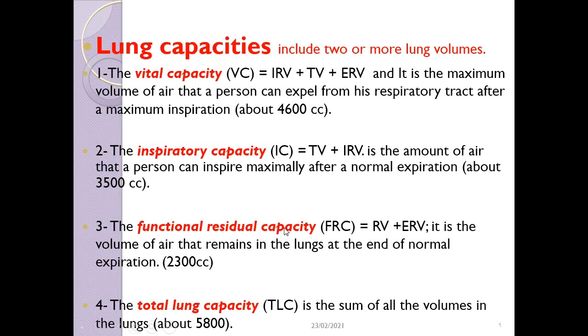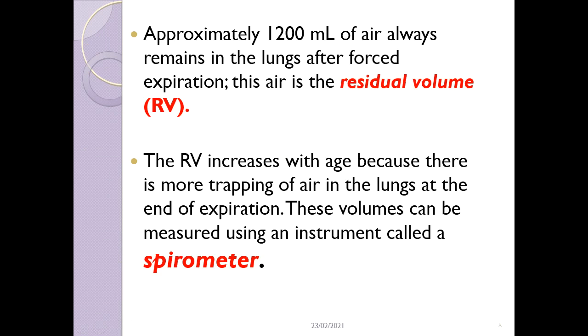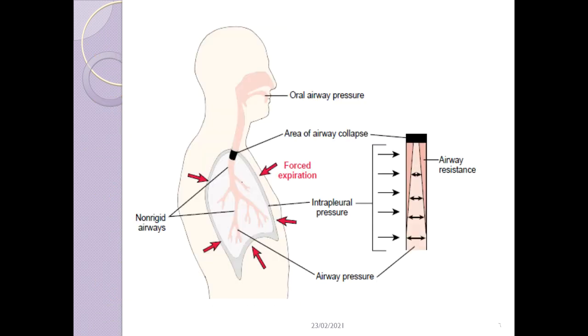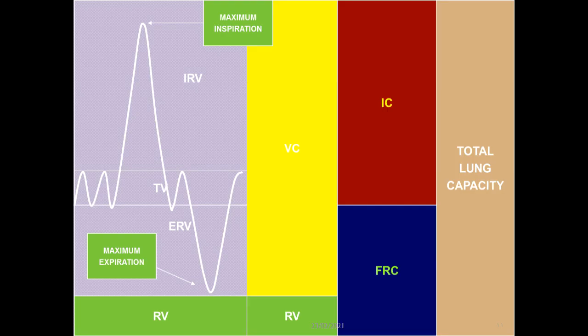This is the functional residual capacity, which involves the residual volume and the expiratory reserve volume, while the total lung capacity involves all the capacities of the lung.